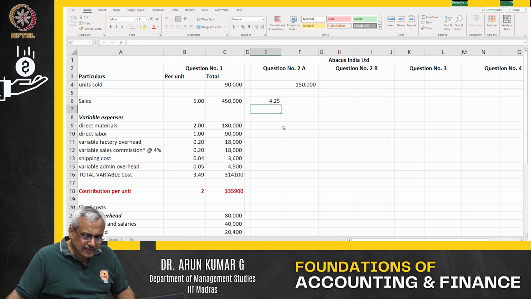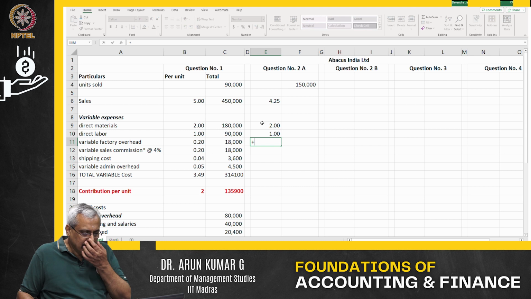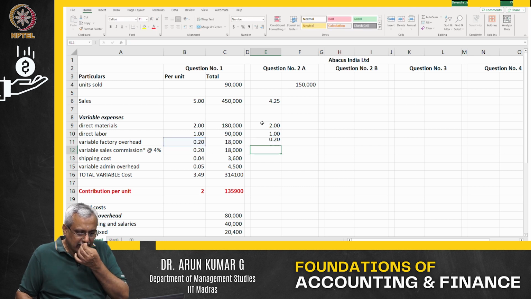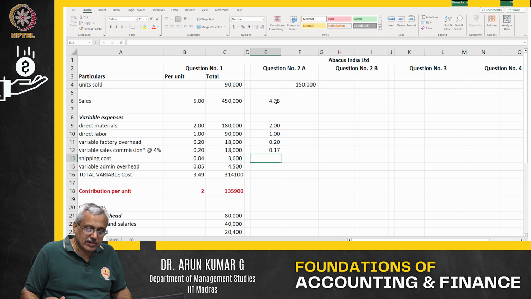Now, all these costs are going to remain the same. The direct material is going to remain the same, the direct labor is going to remain the same, the factory overhead is going to remain the same, and the sales commission will be 4% of this. My shipping cost is going to remain the same, and my variable admin overhead is going to remain the same.